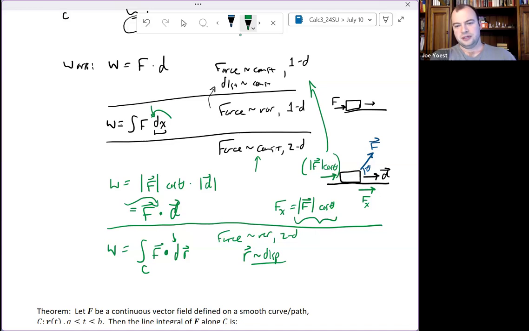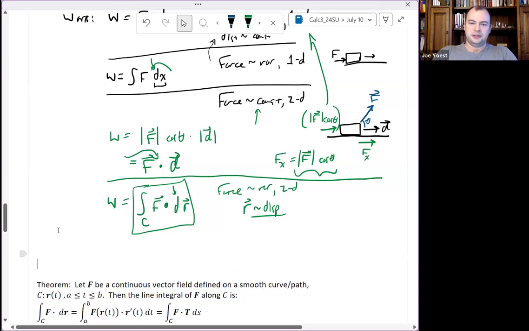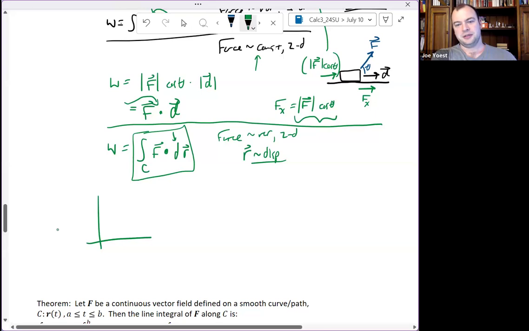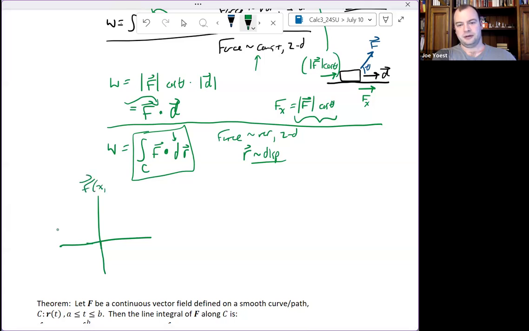Okay, so now what am I thinking of? I'm thinking that if I have two dimensions, I might have a vector field f of x y, where I take as input two variables, a point in two dimensions, x y, and I give as output the two components of a vector in R2.